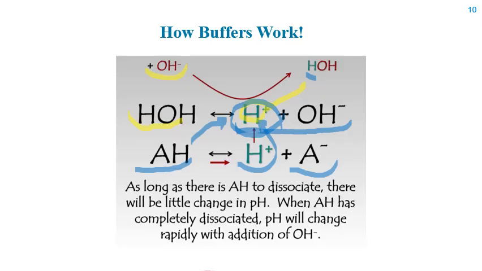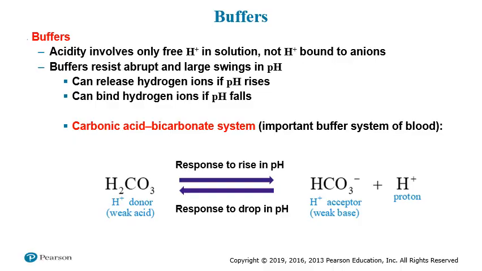And I do hope that this is a quick review of basic chemistry. Your weak acid here is substituting that hydronium ion and is maintaining the pH of your solution. So that was the basis of buffering.